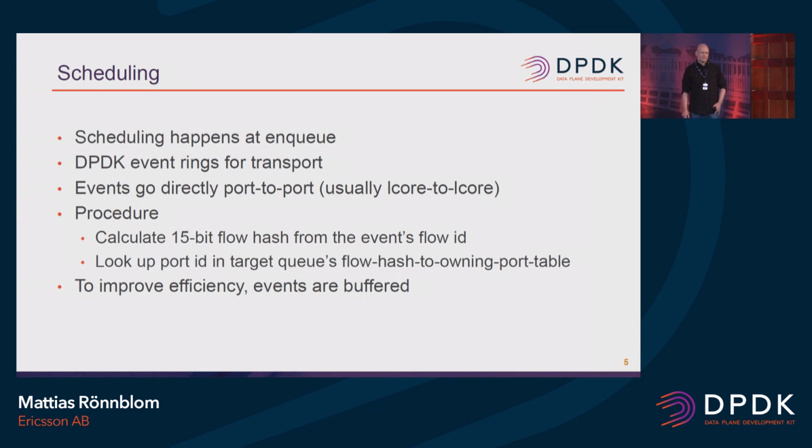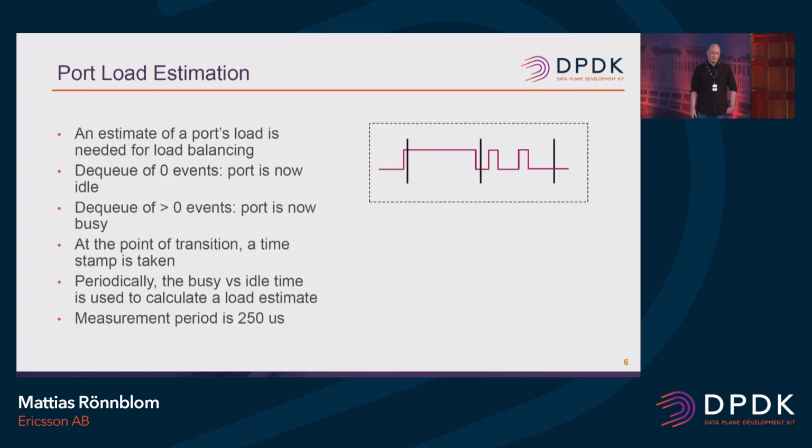You take the event flow ID and hash it to a 15-bit hash, and you use this hash to look up a destination port in a per-queue table, what I call the flow hash to owning port table here. And then you can just send the event right away. Although for efficiency reasons, the scheduler doesn't do this, at least not always. So to improve efficiency, events are buffered for ring efficiency reasons.